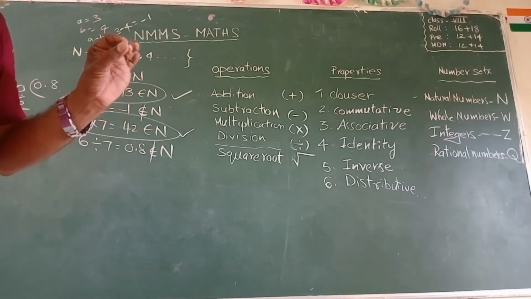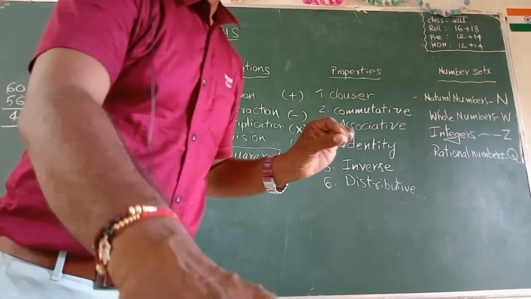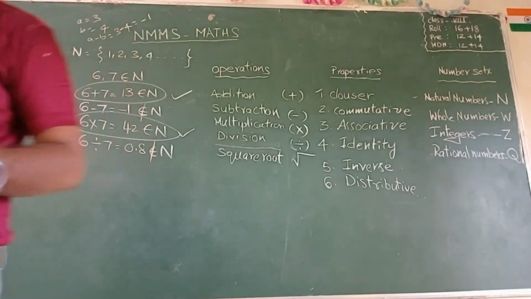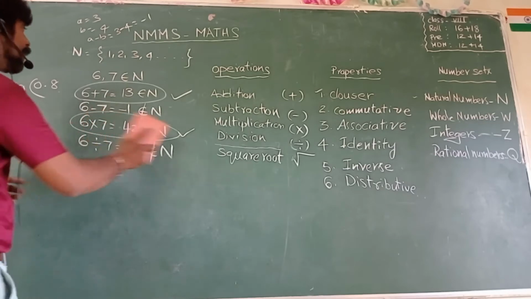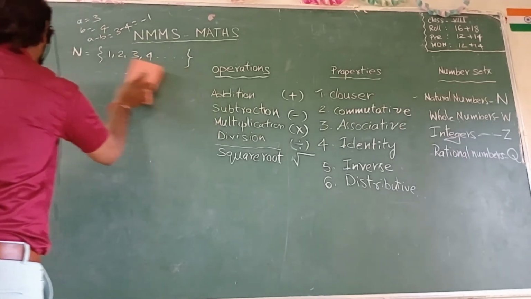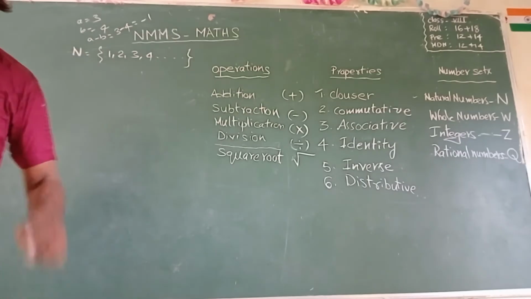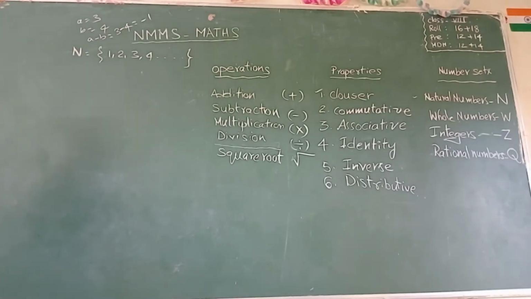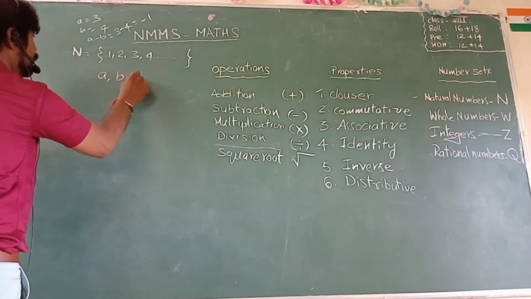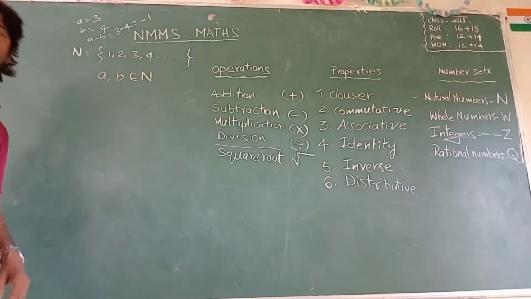Okay, understand? Yes, sir. For the commutative property also, we have to take numbers. What is commutative? Here also we have to take two numbers. Suppose a, b belong to N, and I am taking two numbers a and b.